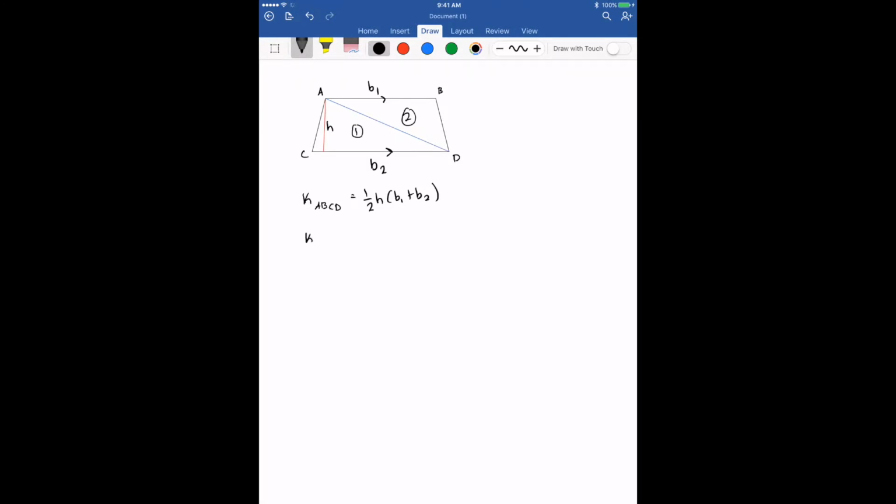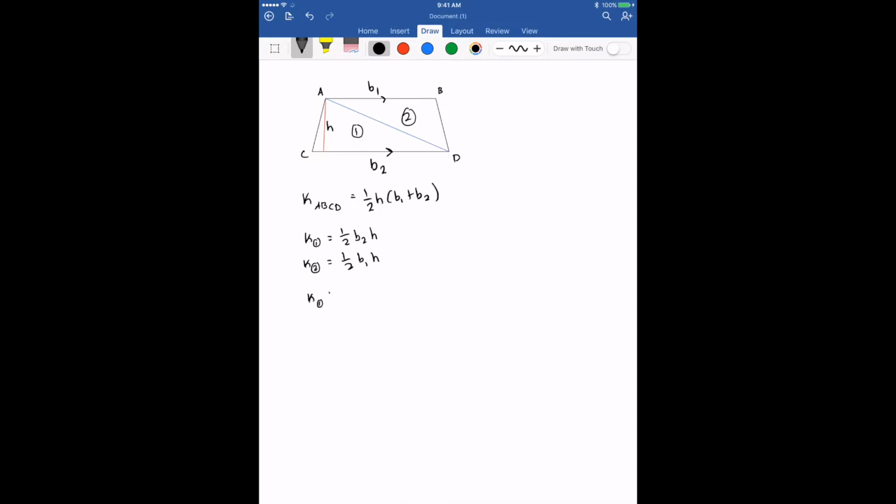The area of triangle 1 is going to be 1/2 base, triangle 1 has base b2, times the height, and the area of triangle 2 is going to be 1/2 times the base, which in this case is b1, times the height again.